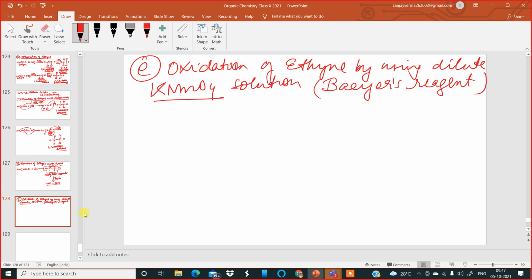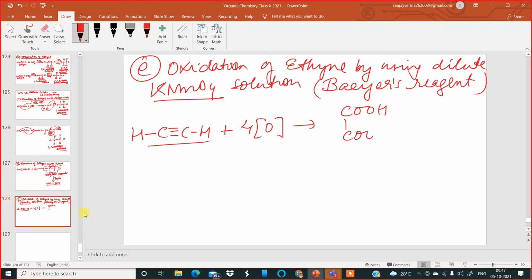Remember that. When you react ethyne, HC triple bond CH, with alkaline potassium permanganate, which provides 4 nascent oxygen, then this ethyne gets oxidized to a very important acid called oxalic acid.